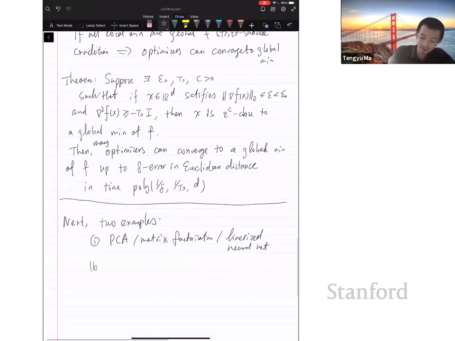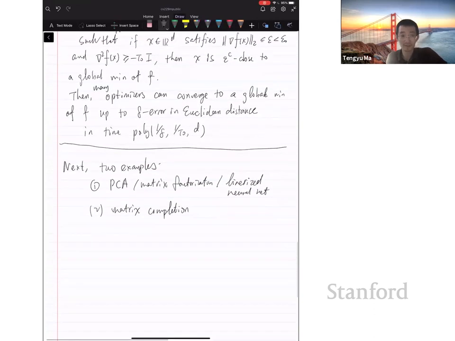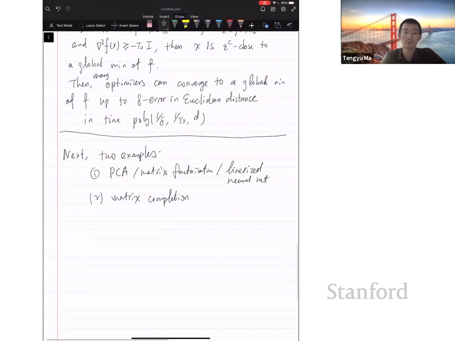And the second example I'm going to give is matrix completion. This is an important machine learning question by itself as well. Before deep learning, this was one of the most important topics in machine learning, especially nonlinear, and I think it's still used in recommendation systems. So we're going to talk about that. Okay, cool. Any questions so far?